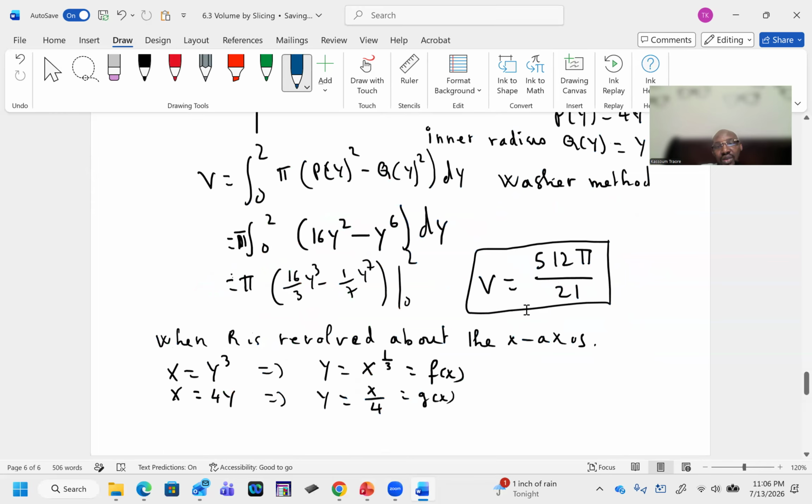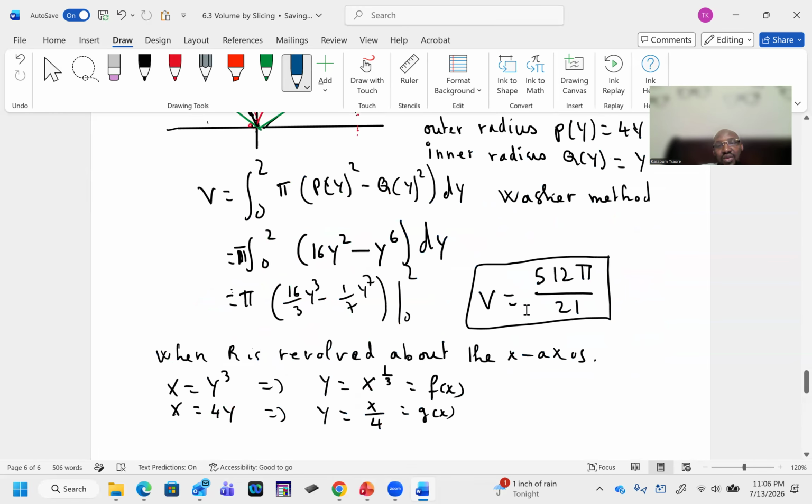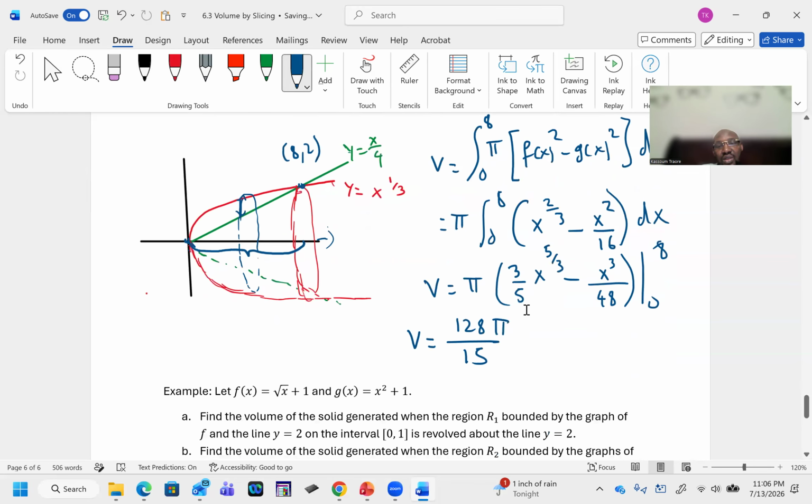So the first one we get 512 pi divided by 21, and this is 128 pi divided by 15. So which one do you think is greater?